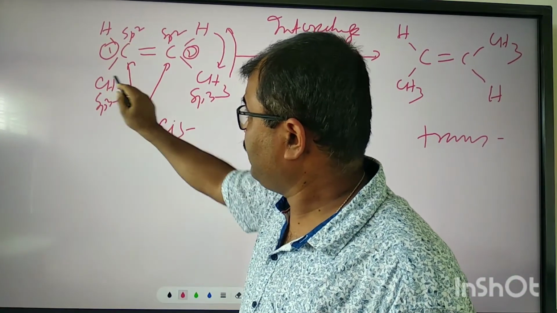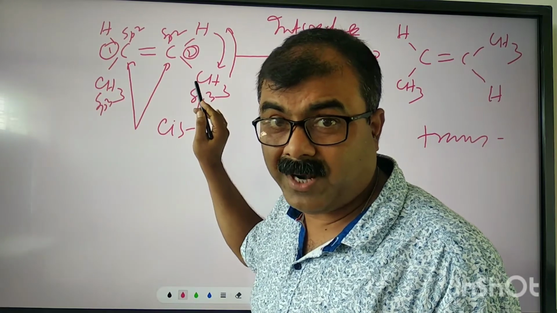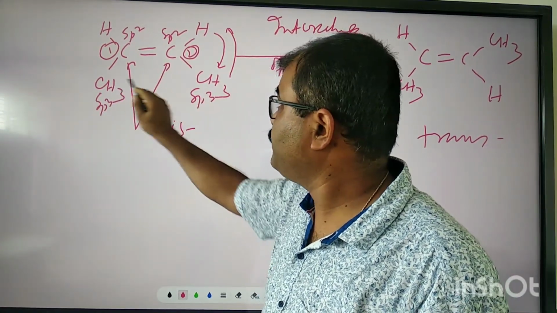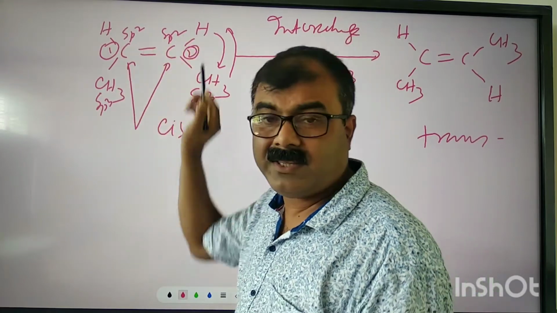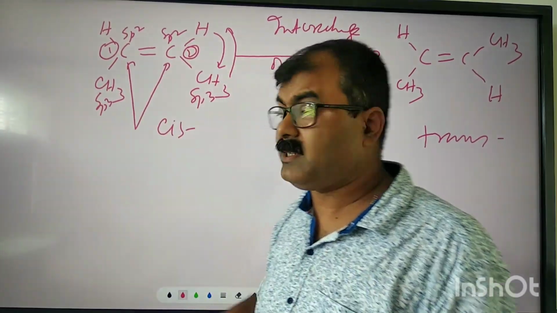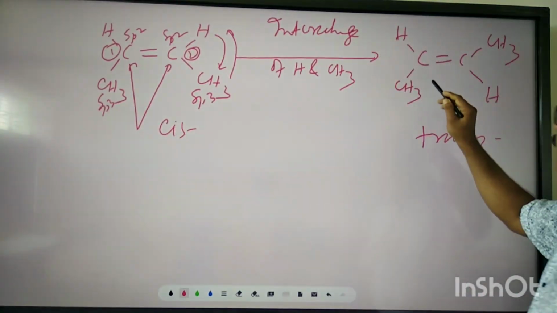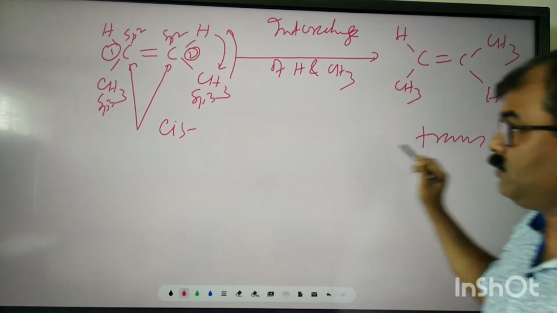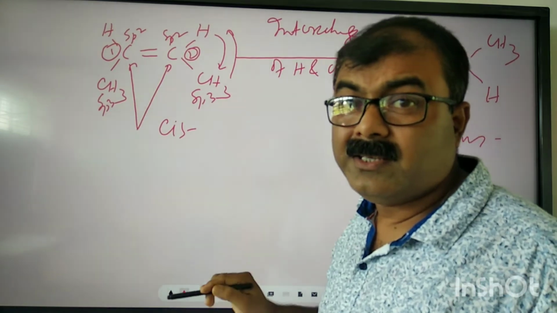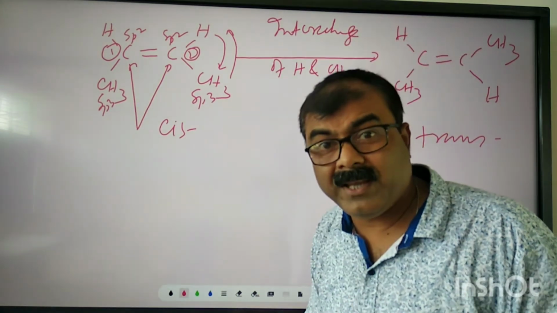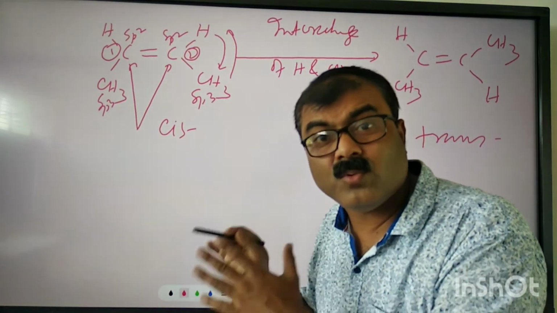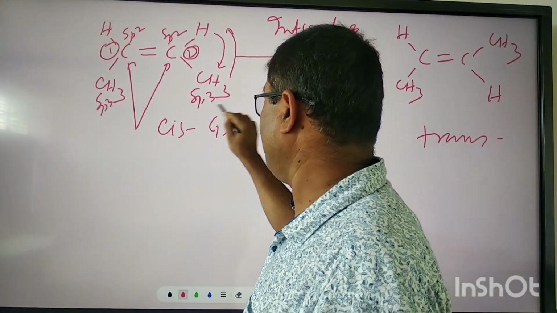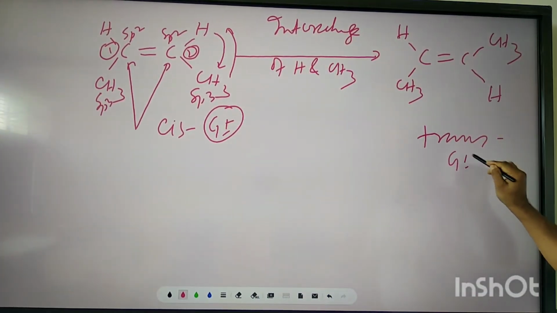We have learned in geometrical isomerism in class 11: similar groups on the same side are cis, and similar groups on opposite sides are trans. So these are basically stereoisomers, and specifically we call these stereoisomers geometrical isomers. So this is also a GI, geometrical isomers.